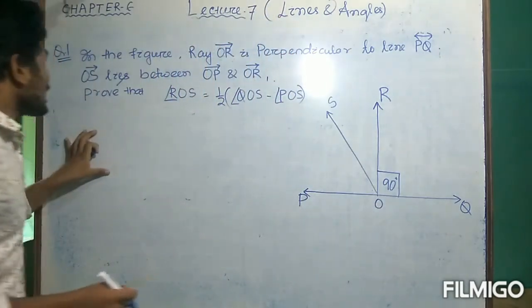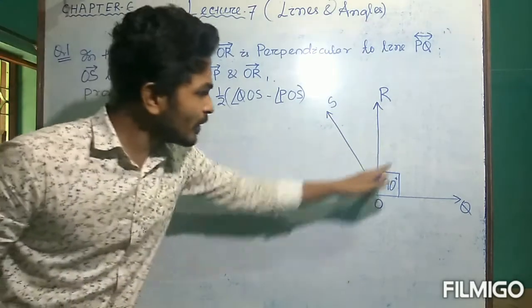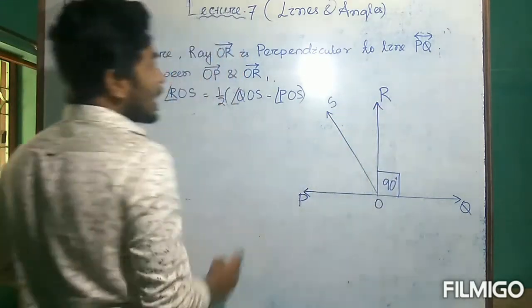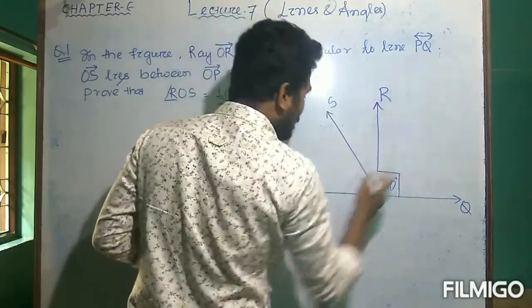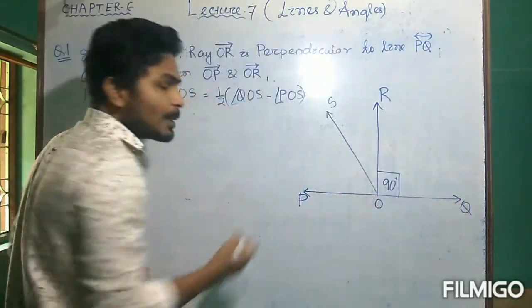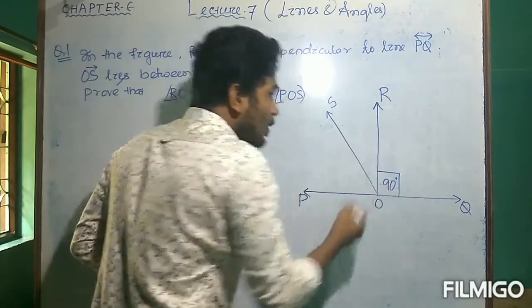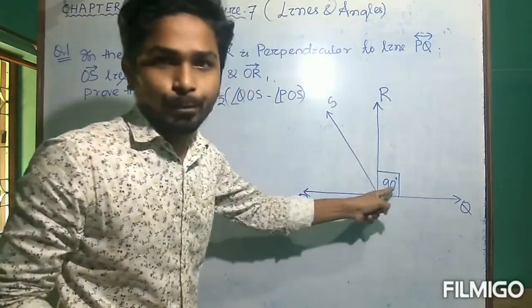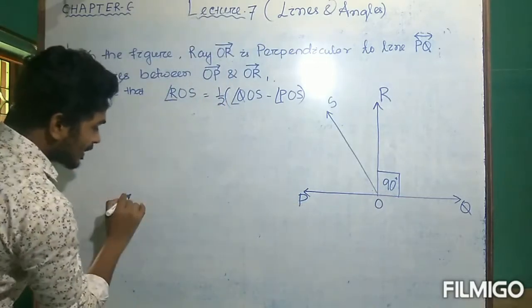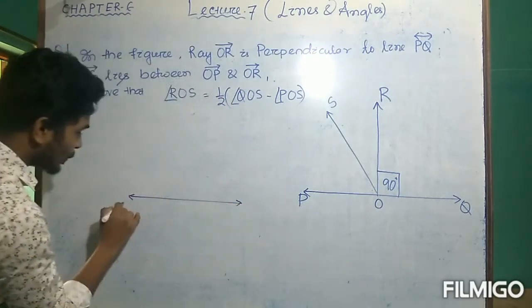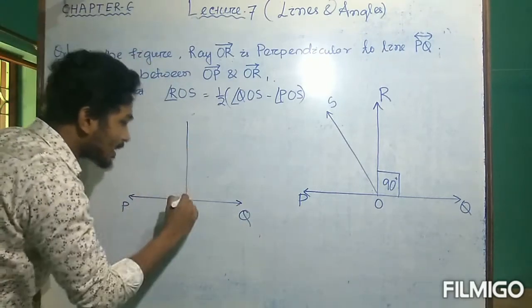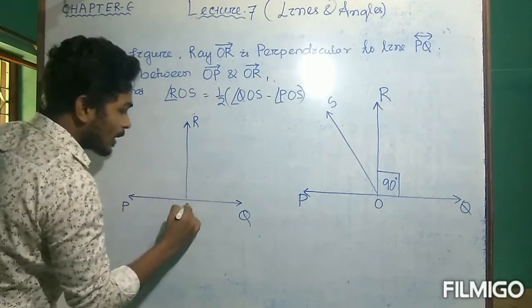So the first question, it is given that in the following figure, the ray OR is perpendicular to the line PQ. PQ is a straight line on which OR is another ray which is perpendicular to the line PQ. Suppose there is a line PQ and on this line another ray OR is perpendicular.